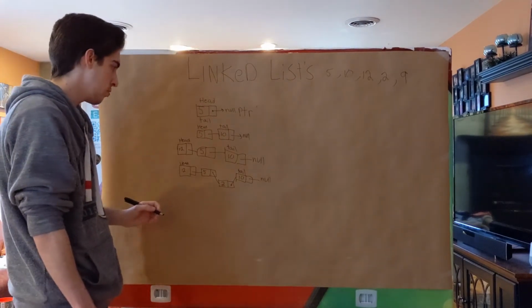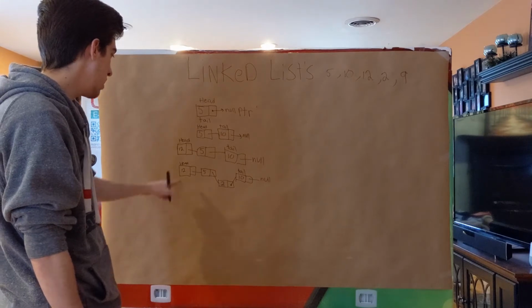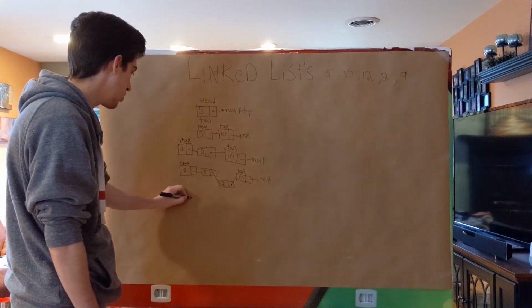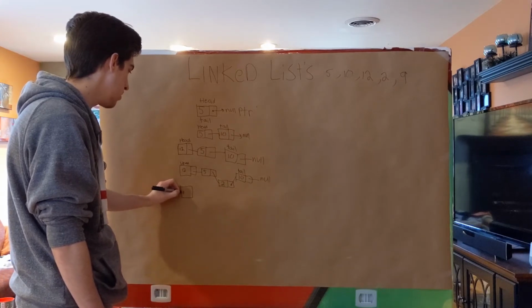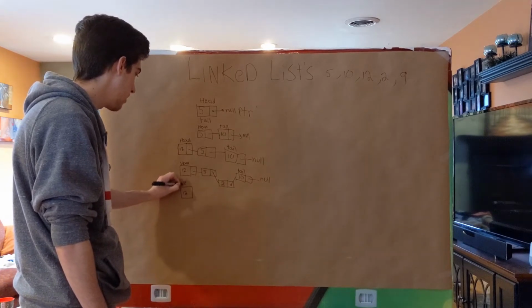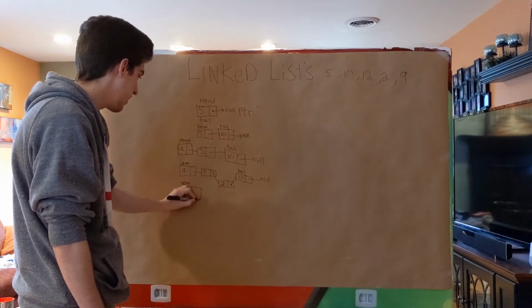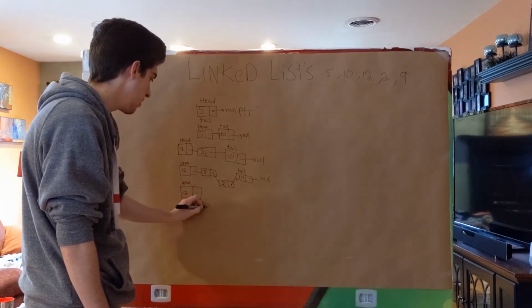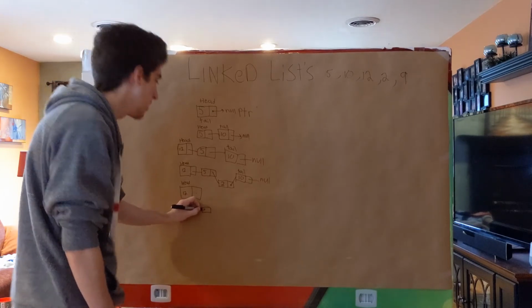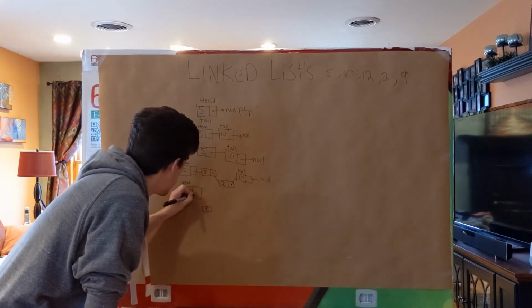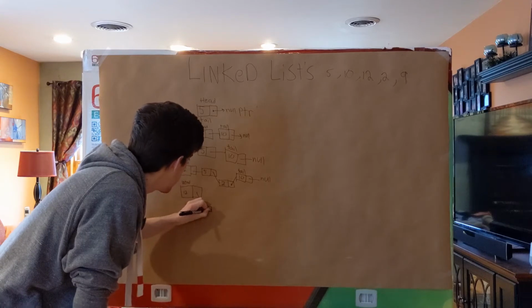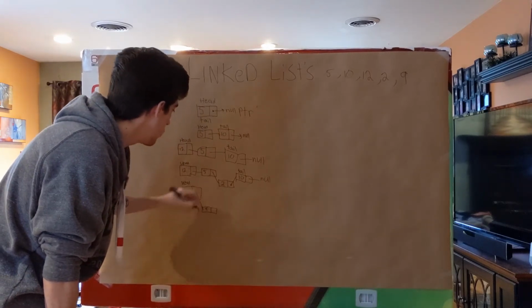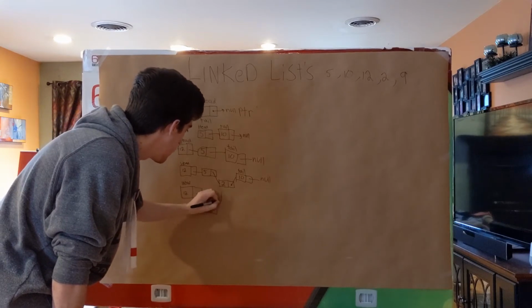We still have one more left. Let's say we insert it between 12 and 5. So again, always start at the head. So 12, head, and then point it to the new one, which we'll put down here just so you know it's new, which is 9. 9 will then point to the next one, which is 5.